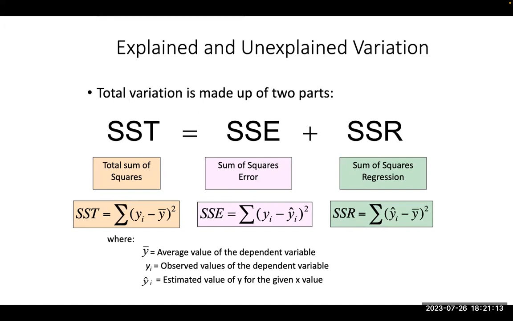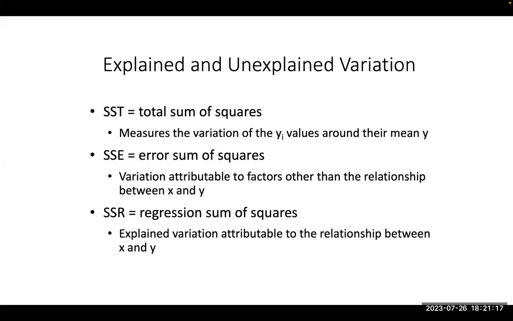That gets you the sum of squares regression. So the interpretation of that is this is the variation of the yi values around the mean of y. That's our total sum of squares. Then we have the variation attributable to factors other than the relationship between x and y. That's your residual. And then we have the explained variation that is attributable to the relationship between x and y. So that's attributable to the function.